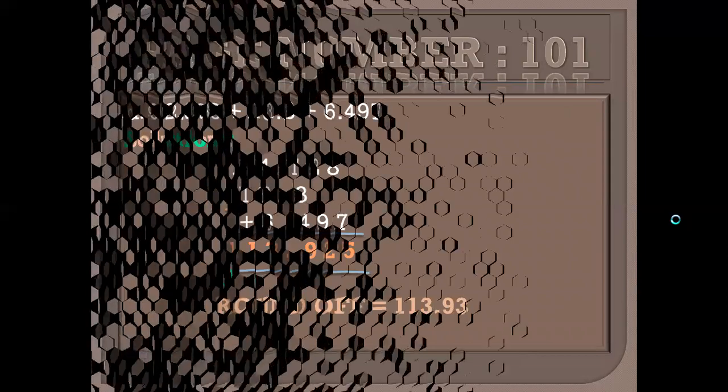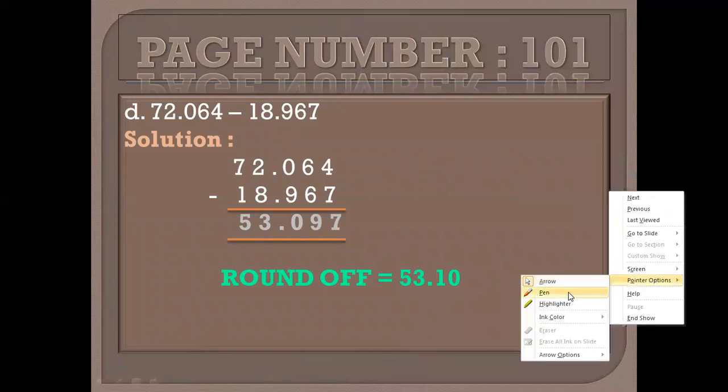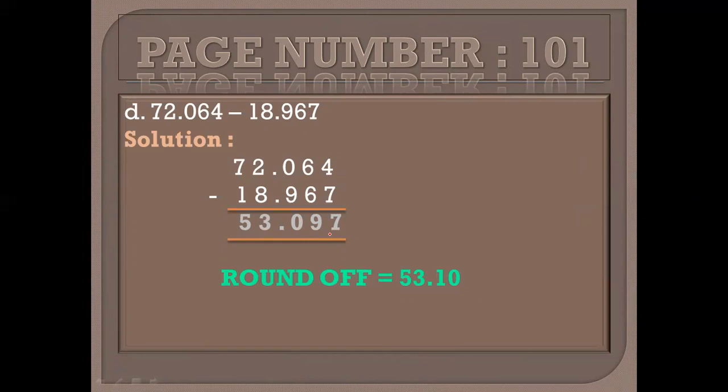Part D. 72.064 minus 18.967. After the subtraction, students, you know how to add the numbers and how to subtract the numbers, because from class 1 or KG you have been adding and subtracting numbers.